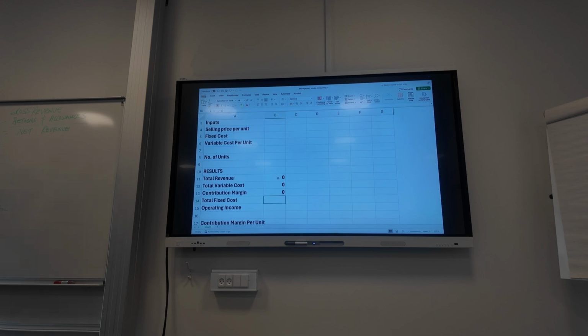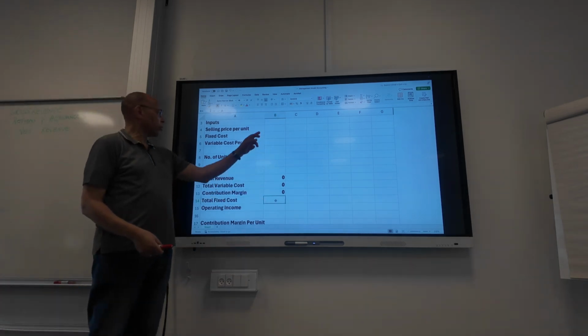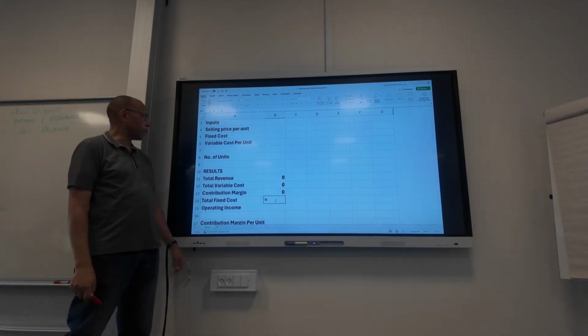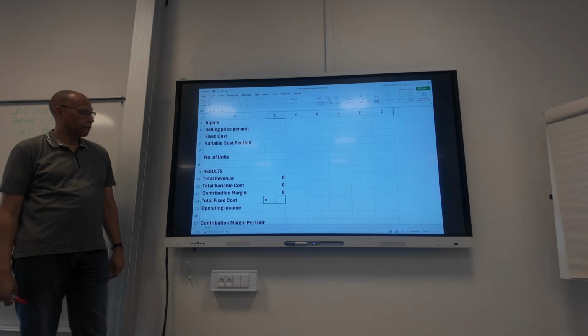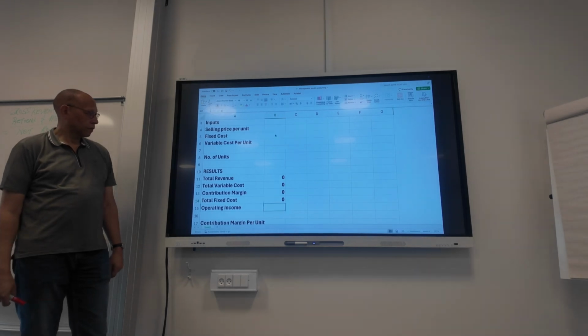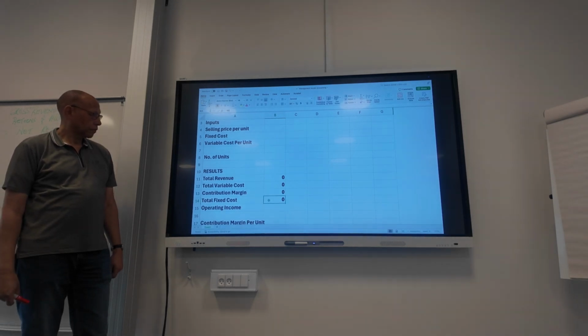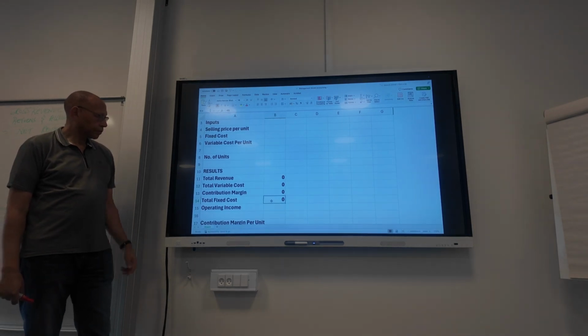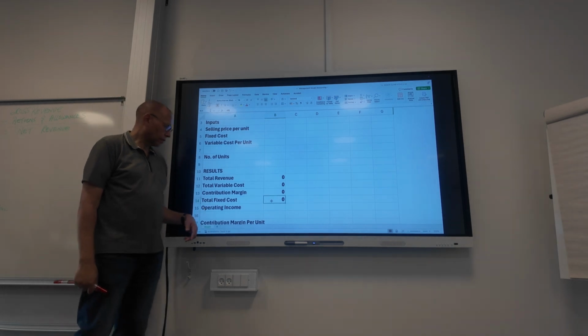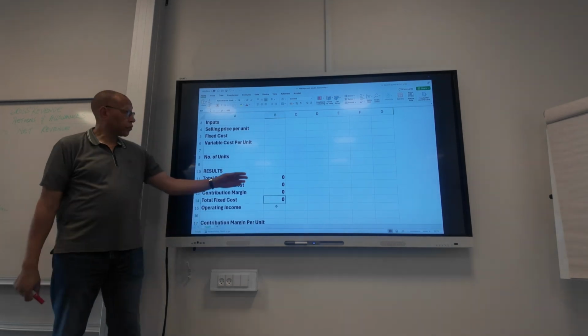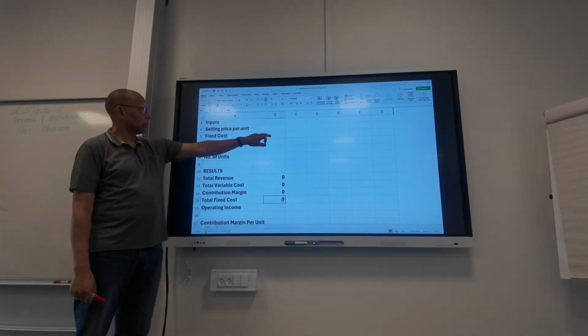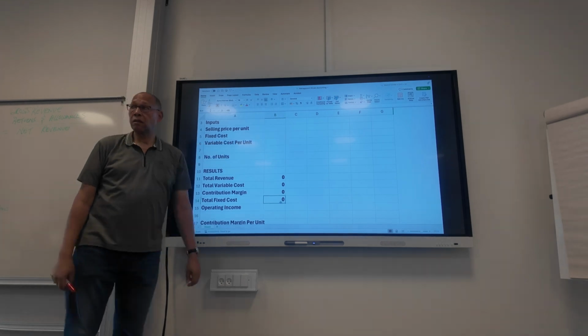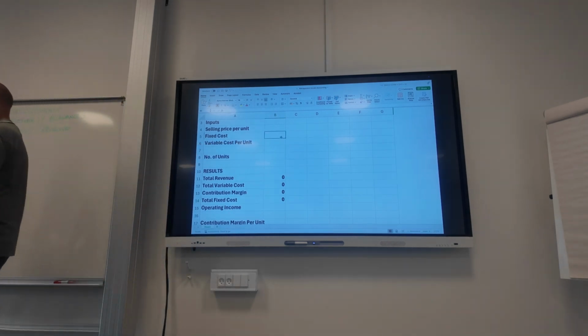Okay, then total fixed costs, make that equal to the input line for fixed costs, B5. Yes. Contribution margin minus fixed cost. Fixed cost is just equal to the B5.